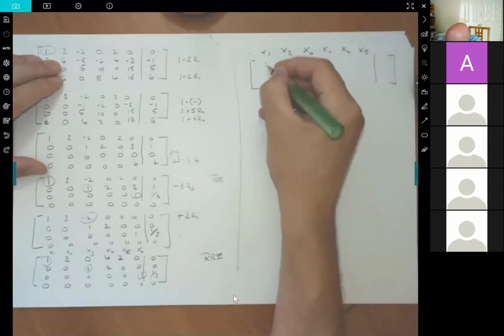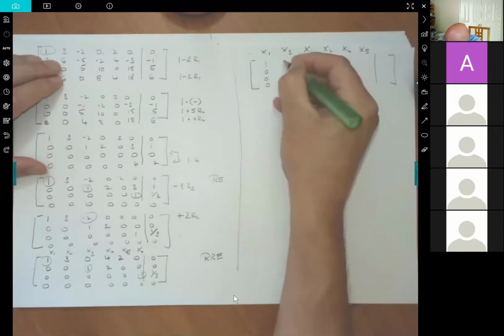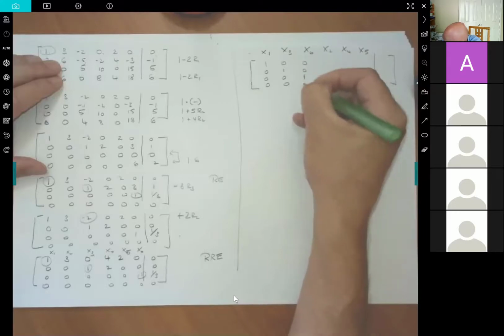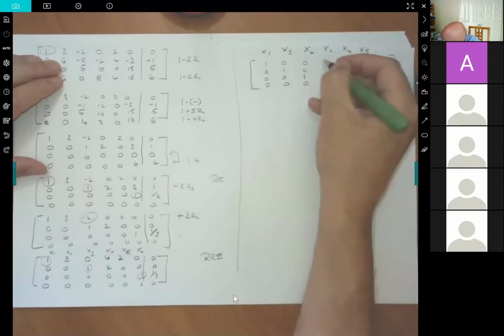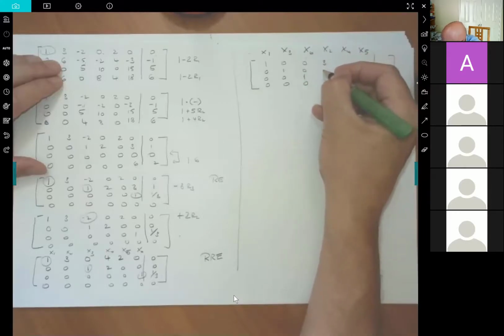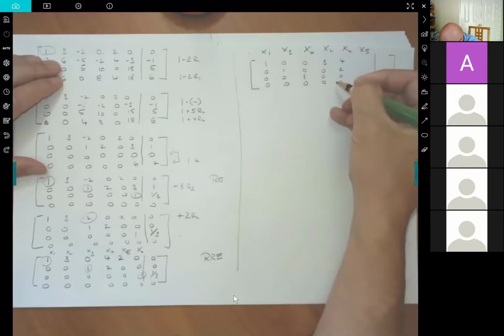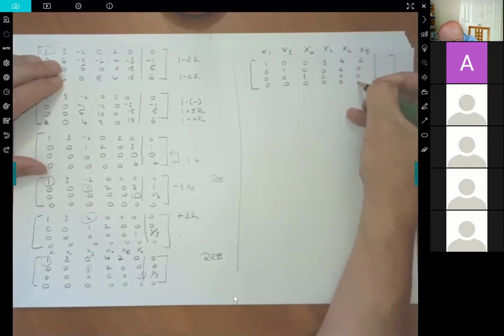So then we have 1, 0, 0, 0, 0, 1, 0, 0, 0, 0, 1, 0. And then comes for x2, it's 3, 0, 0, 0. For x4, it's 4, 2, 0, 0. And for x5, it's 2, 0, 0, 0. And then we have again, this has not changed, 1/3, 0.